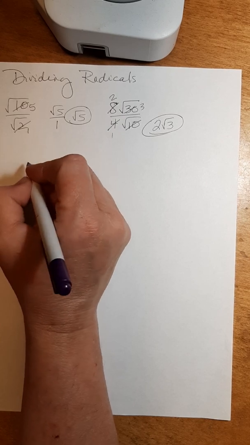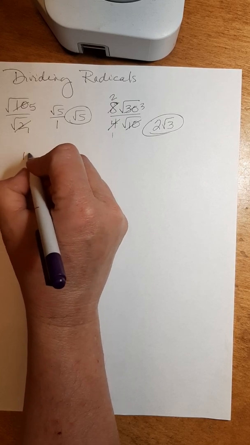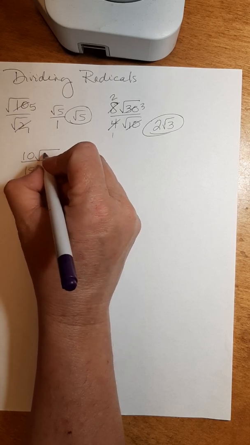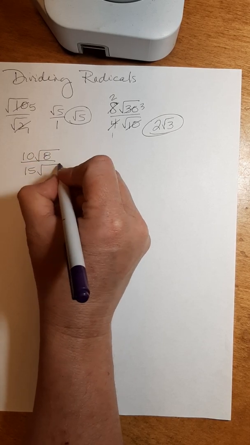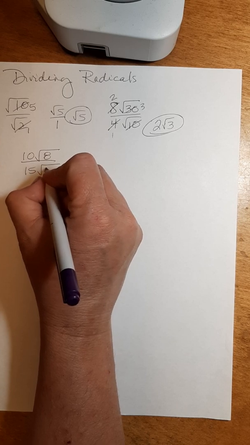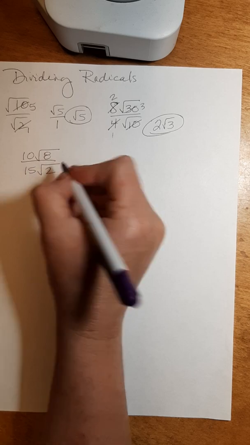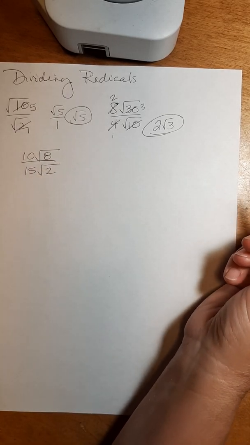All right, let's say if I had 10 over 15 square root of 8 over square root of, I'll just go ahead and say 2, make this one a fun one.